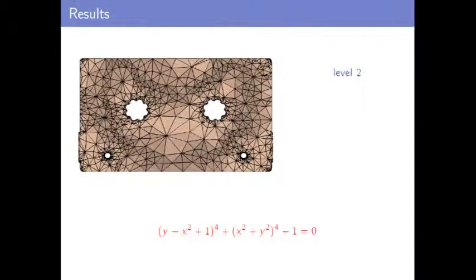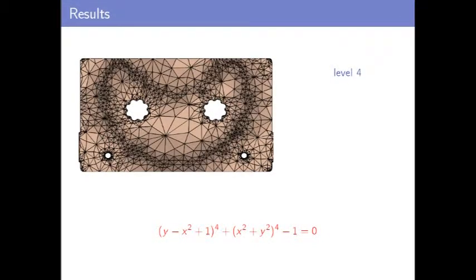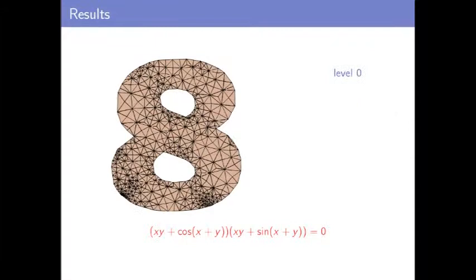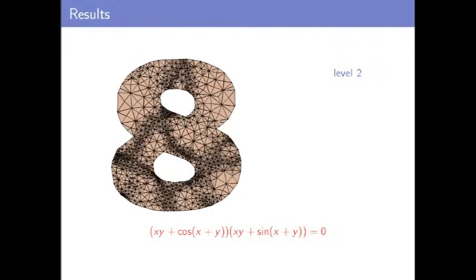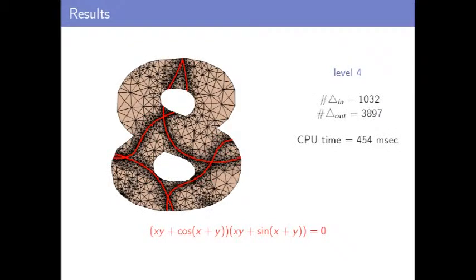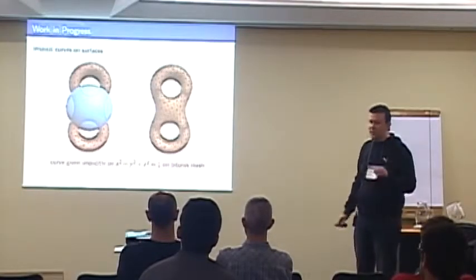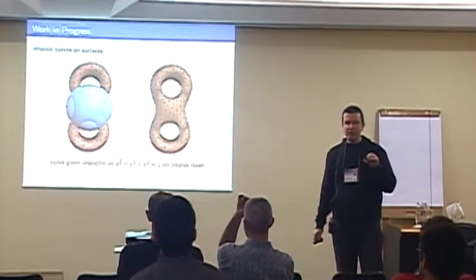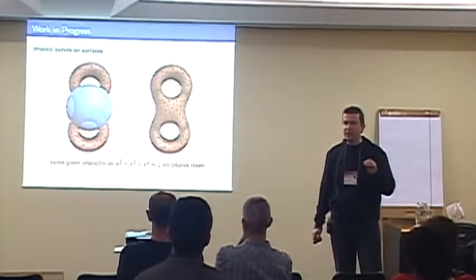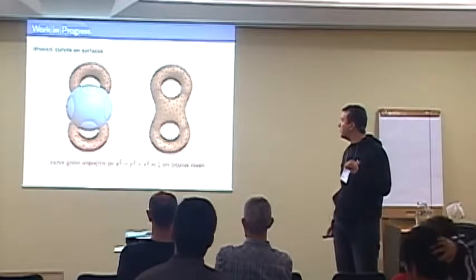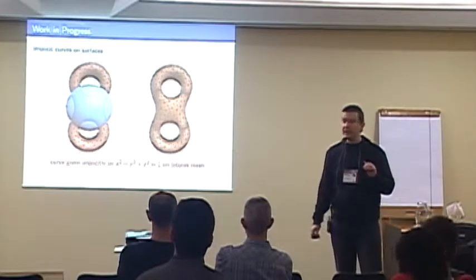Our method works with meshes with complex topology. Work in progress: with a little bit more computational effort, we can extend our method to compute approximations of implicit curves on surfaces, okay?